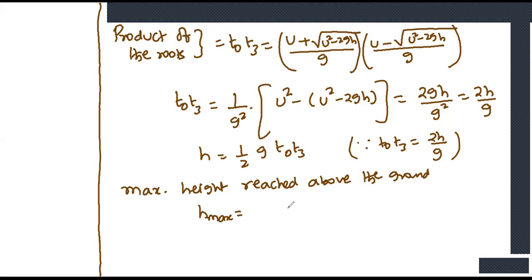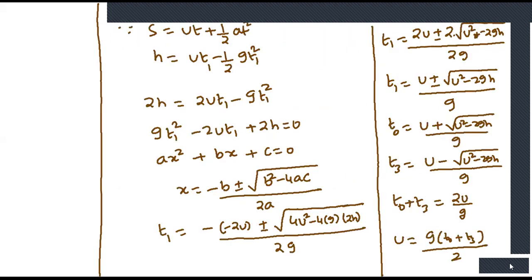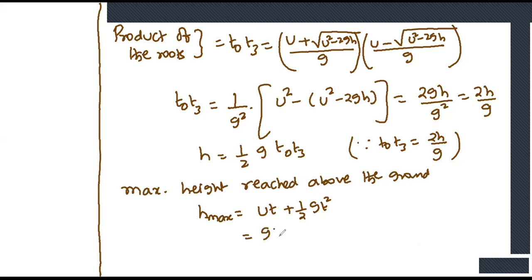Since we know ut plus half at square, where we got the initial velocity as g into T0 plus T3 by 2, into time T0 plus T3, plus g by 2 into T0 plus T3 whole square.